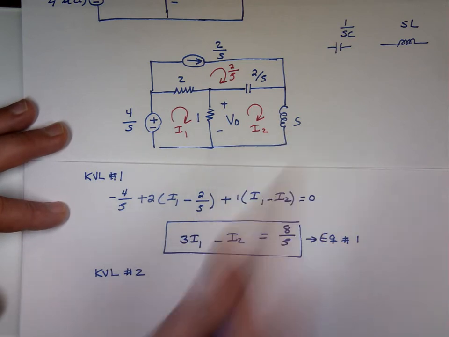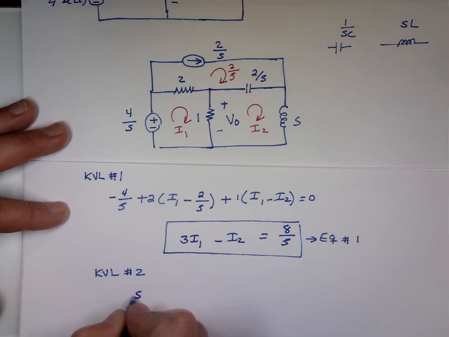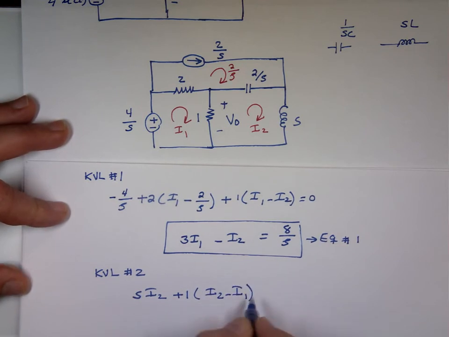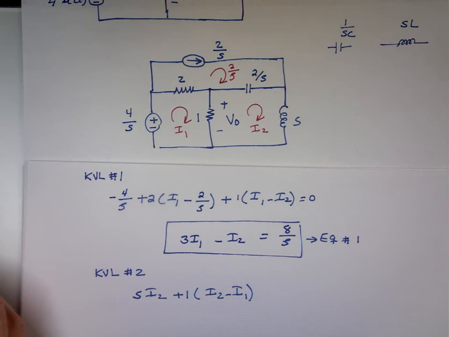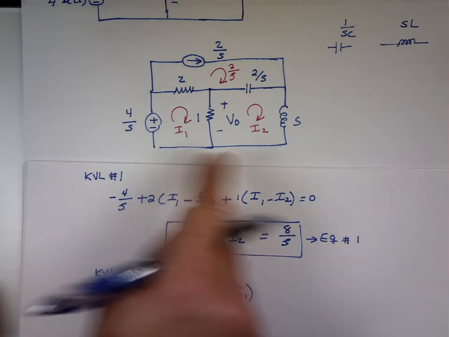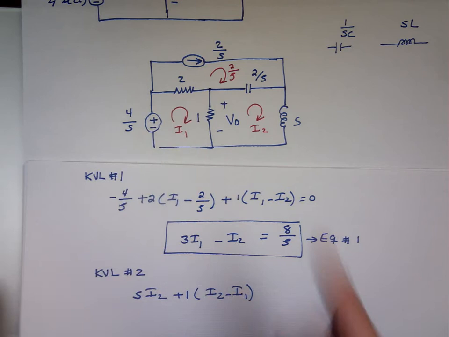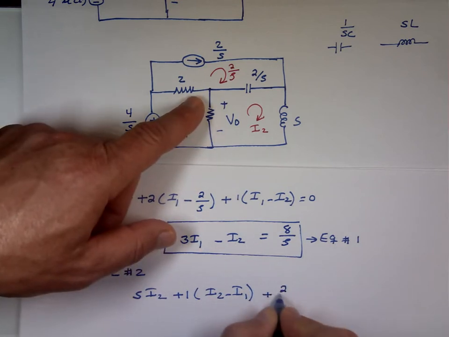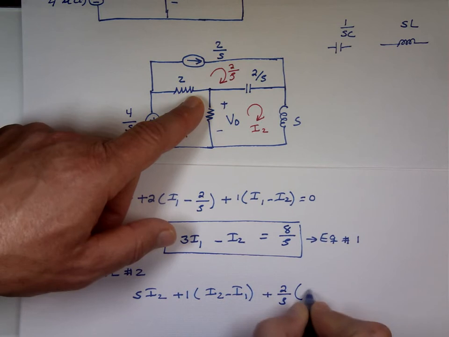S times I sub 2 plus 1 times what? I sub 2 minus I sub 1. And plus 2 over S times the current through that, which is I sub 2 minus 2 over S.